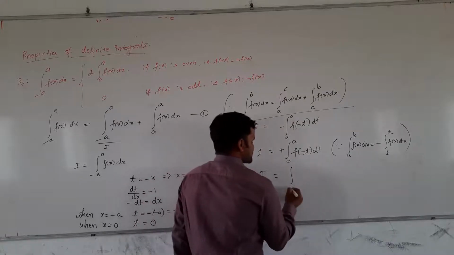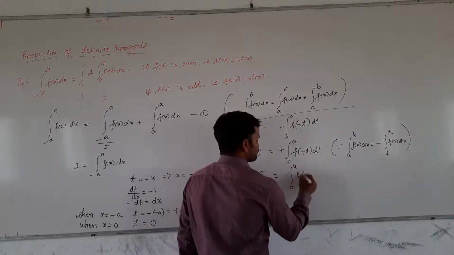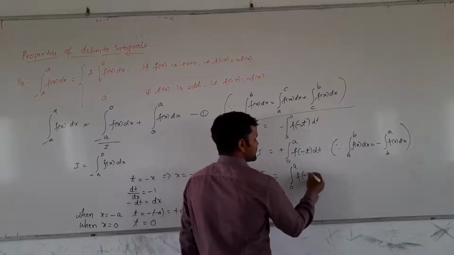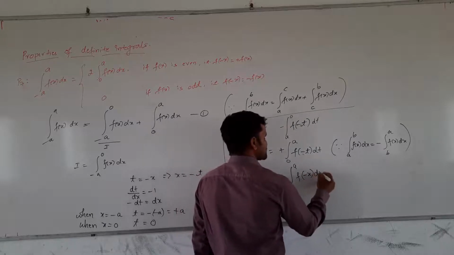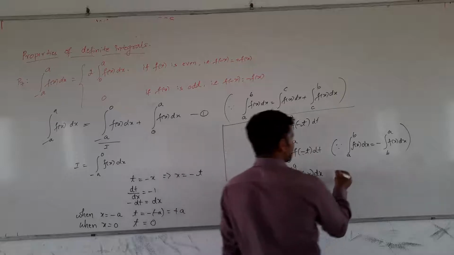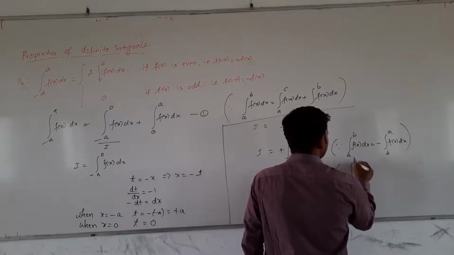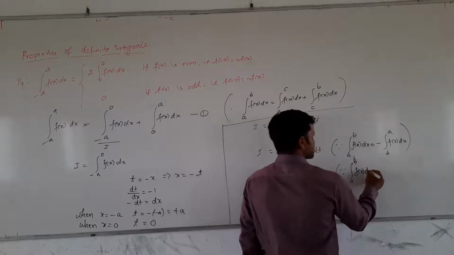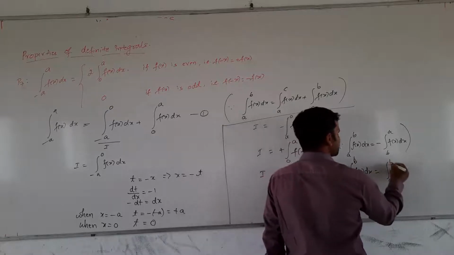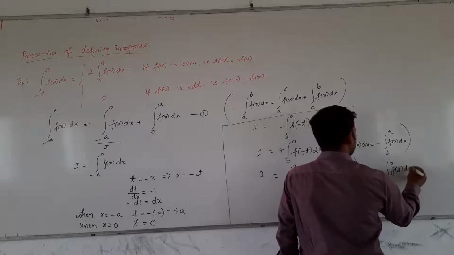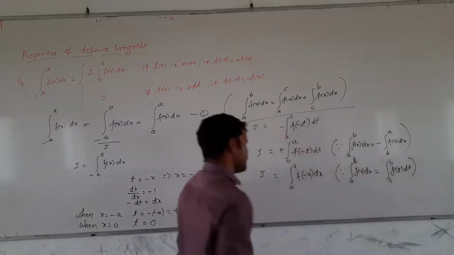Now 0 to a f of minus x into dx, I don't want this t, so I will change the variable t to x. How is this? Because using the P0 property, integrating from a to b f of x into dx is equal to integrating from a to b f of t into dt. Just changing the variable, we did this.